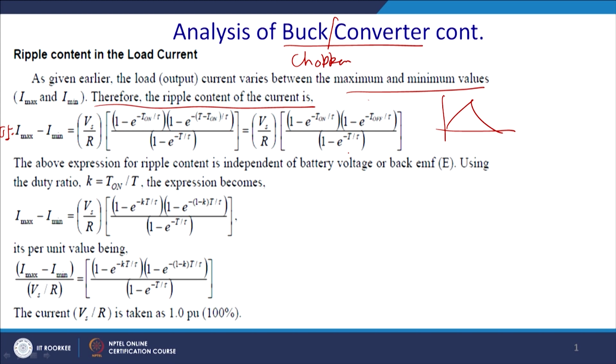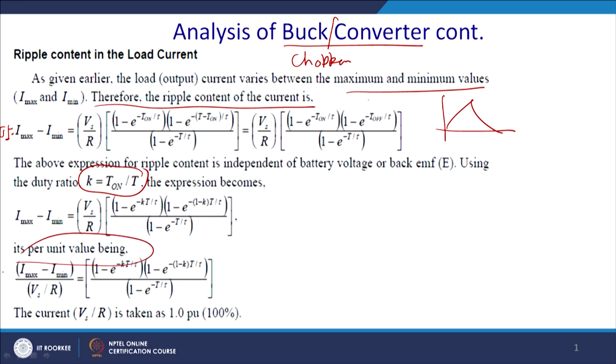Now, if you investigate these equations, let us put k as the duty cycle. So, k is the duty cycle, that is T on by T, and the expression becomes Vs by R, 1 minus e to the power minus kT by tau, into 1 minus e to the power minus (1 minus k)T by tau, over 1 minus e to the power minus T by tau. Essentially it is the per unit ripple value.